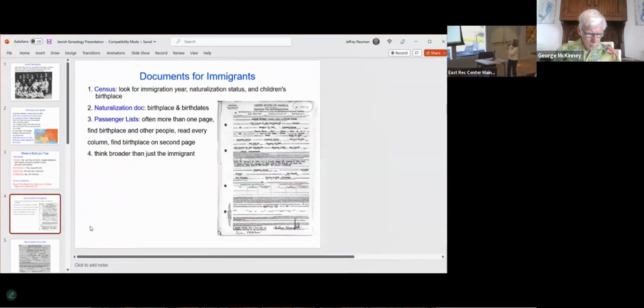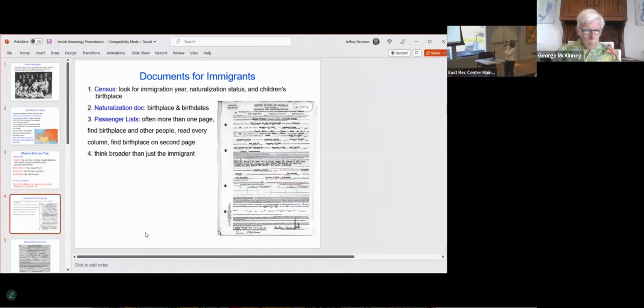Okay. So the documents that you're going to look for immigrants. Census document first. Extremely helpful. Look for the immigration year, the naturalization status, that's all on the census.